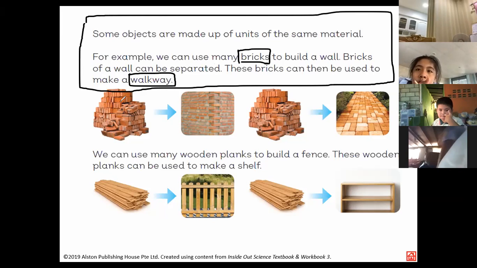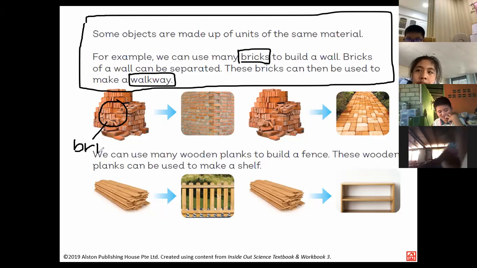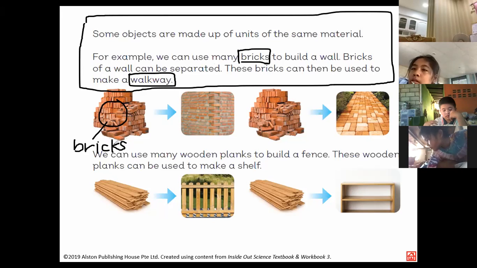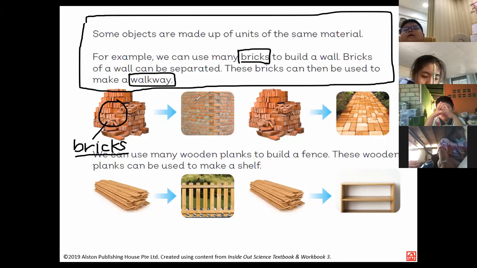So class, this one right here is what you call bricks, B-R-I-C-K-S. If it's only one, it's brick. If it's more than one, you call it bricks, okay? And this one right here, this is what you call wall.